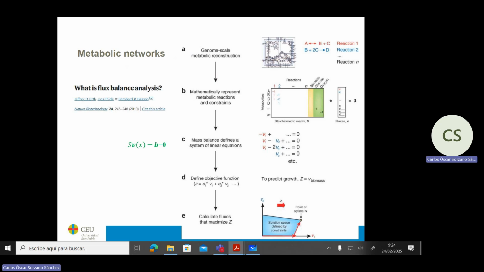For instance, this is used in bioreactors. In a bioreactor, you want the cells to produce maximally a given compound, and then you can play with the nutrients and the exterior. So the exterior is B. So you can play with B so that you drive X, or the velocities, to be at a given point.